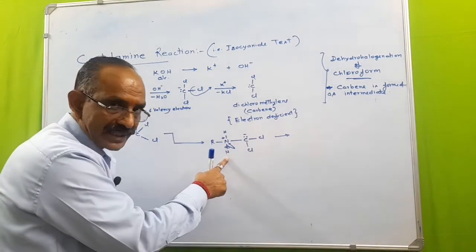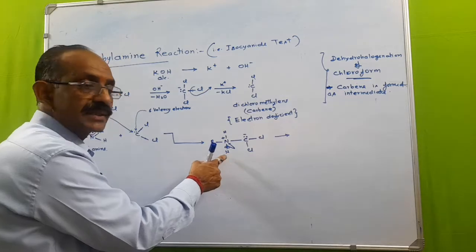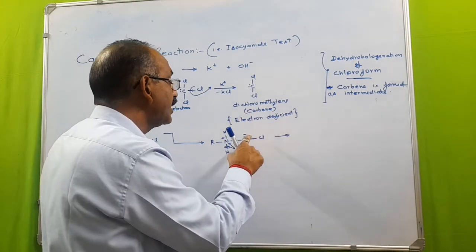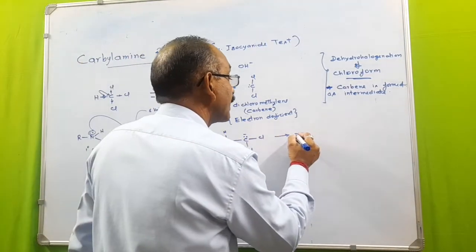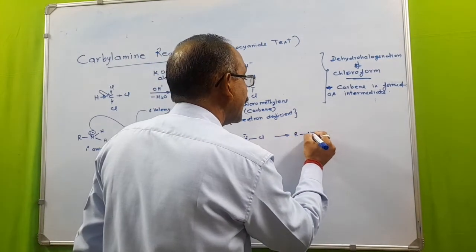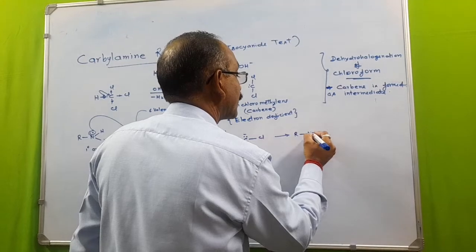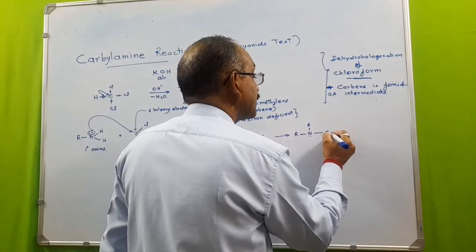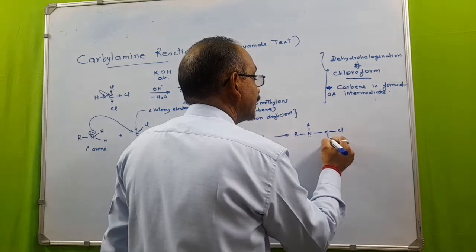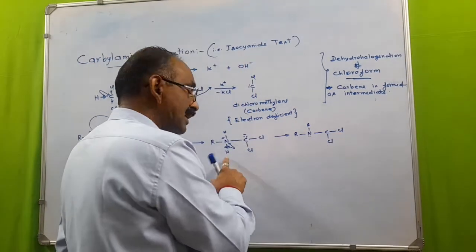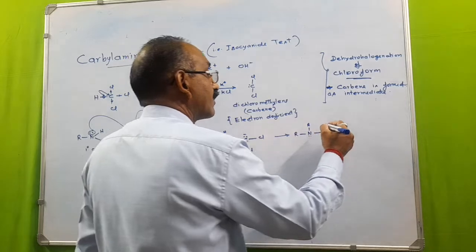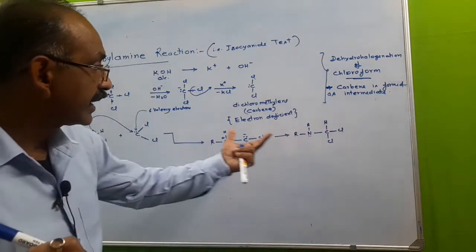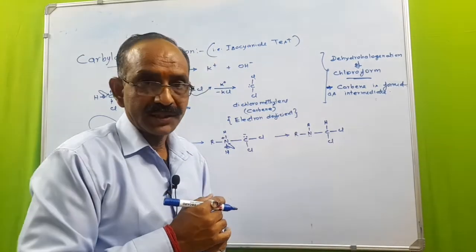The H plus will set free, and that H plus will form a bond with the negatively charged carbon, and we will get R, N. Here there's the electron pair, this nitrogen will form, one hydrogen is there already, C, and at this carbon there were 2 Cl. The H plus sets free from nitrogen, forms a bond with the carbon, and we will get this type of structure.